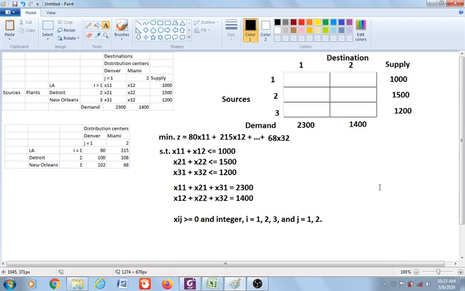Now we also need to put the cost data on the table. We put the cost data on the top right corner of each box. The cost of sending a car from source 1 to destination 1 is $80. So we put it here.